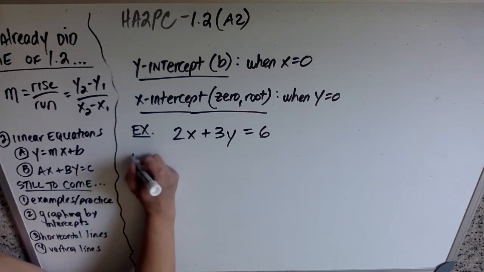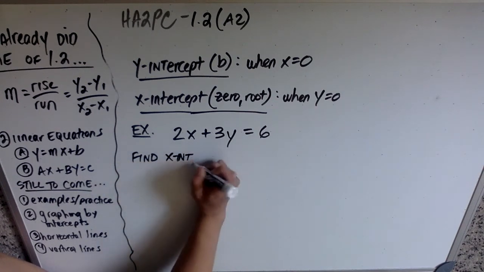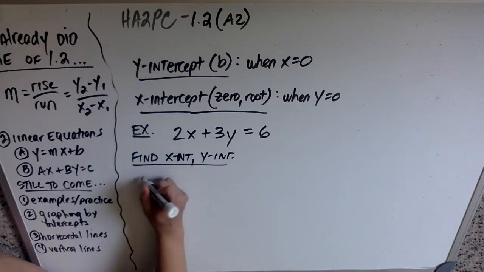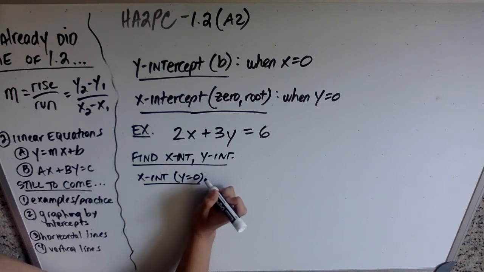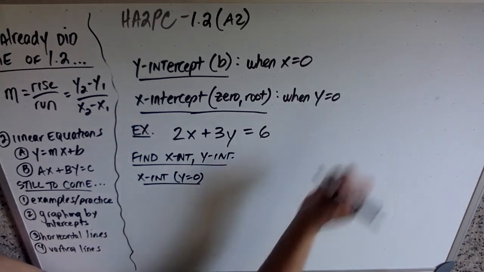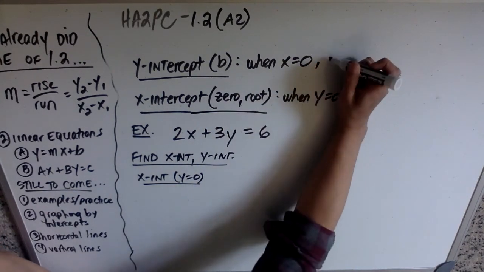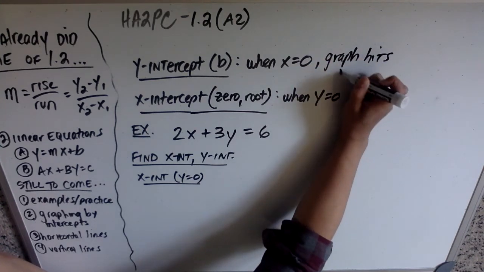But if I ask you to find the x-intercept and the y-intercept, then in order to find the x-intercept, what we're going to do is plug y equals 0 in, and that's going to be the place that the graph intersects. So when x is 0, the graph hits the y-axis.